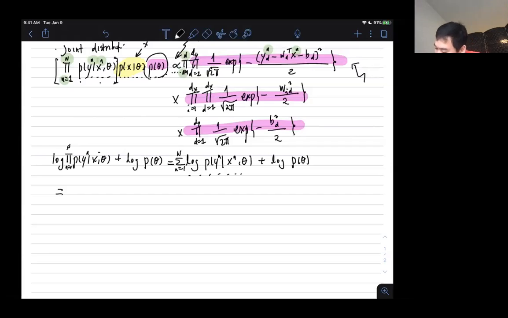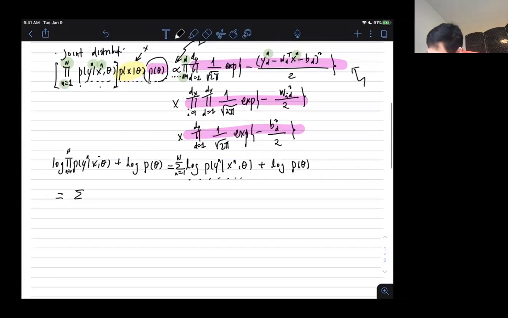Okay, we're going to continue. So what we get is that, okay, we sum over 1 to n. And then if we take the log of this, again, we can turn the log of a product into the sum of logs. So what it means is that we get a sum from d equals 1 to d_y. And then because the log of the exponential function is nothing but the input to the exponential function, we just write it down as minus (y_dn minus w_d transpose x_n minus b_d) squared over 2.